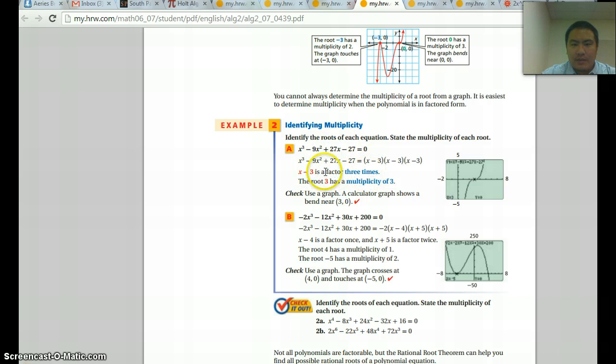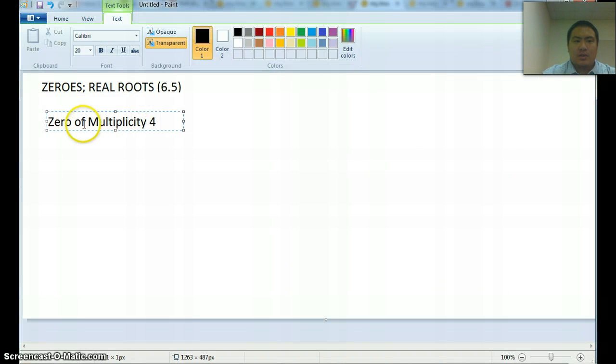So if you identify that you have something like this, x minus 3 repeated 3 times, that tells you that x minus 3 is a factor 3 times. The root 3 has a multiplicity of 3. So it would be the root negative 1 has a multiplicity of 4.